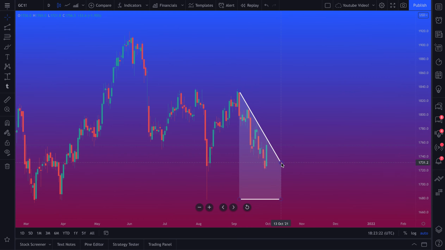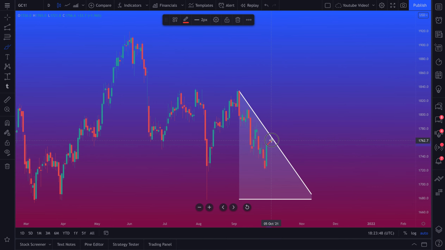So now what we're doing is we are sort of drawing not so much a channel, but this flat top bottom pattern to essentially say, in what we see on this chart, what we're planning for based on our research or based on what we're reading or thinking, or maybe we're just paper trading and trying to put our plan visually on a chart with our drawing tools, that we think price is going to keep getting rejected until it hits this area here, which would explain why it's flat.